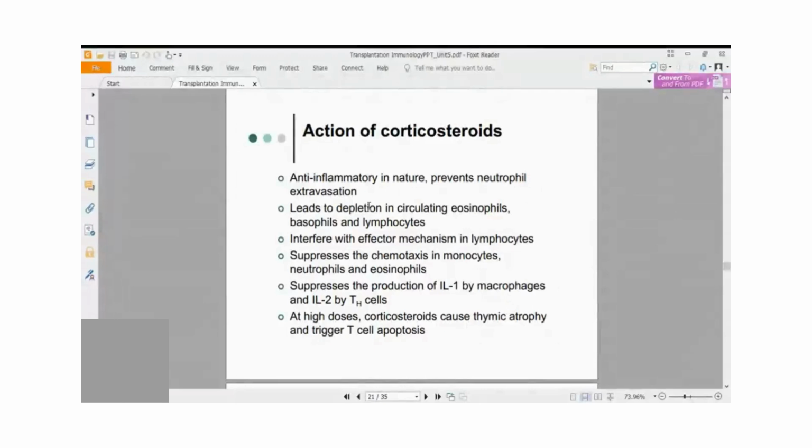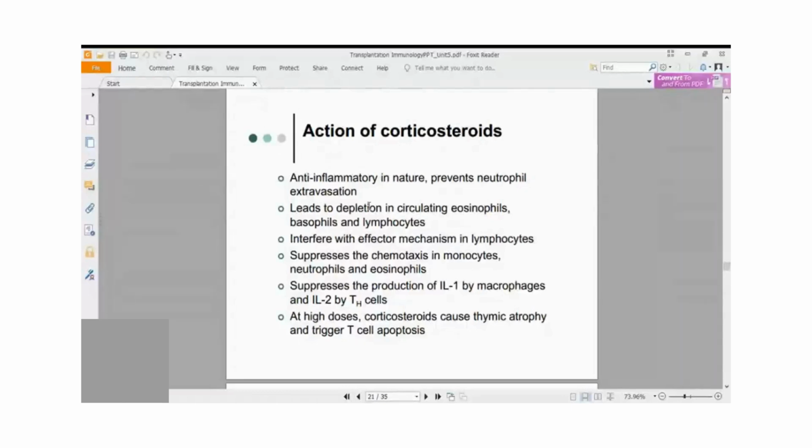So the macrophages, neutrophils and eosinophils responsible for ADCC will be prevented from aggregation at the site of inflammation. Therefore, you can inhibit ADCC.